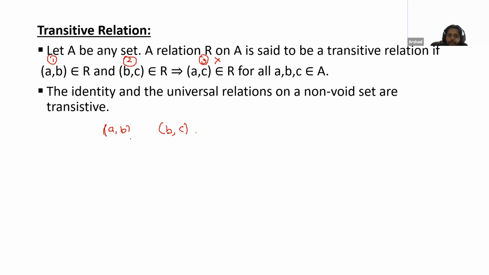So AB and BC are there, but AC is missing. Then we will say that this is not transitive.